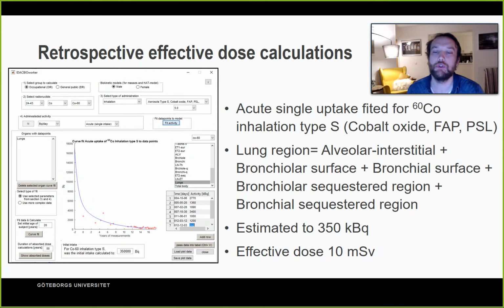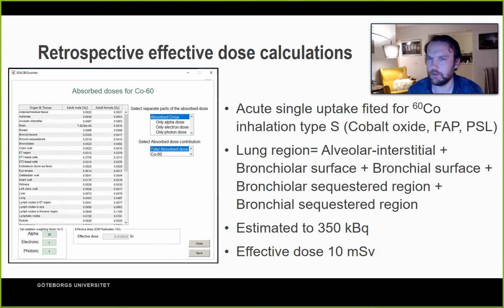So this is a way to show how you can use activity curves generated from this new ICRP revision of dose coefficients with a series of data. And when we know the estimated intake, we then calculate the absorbed dose in the same way as shown here.